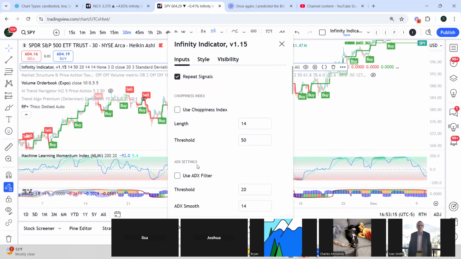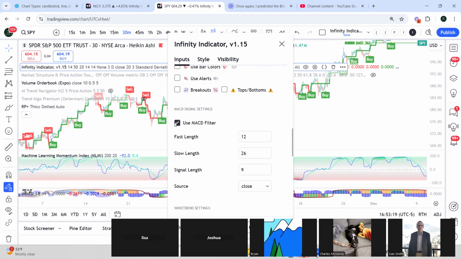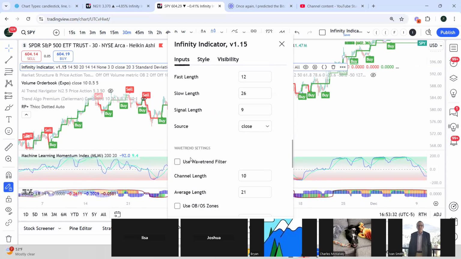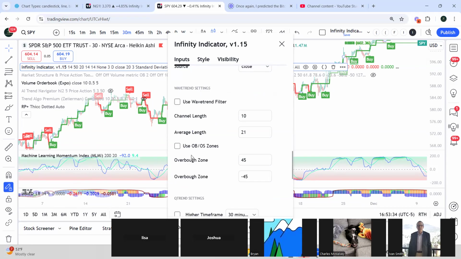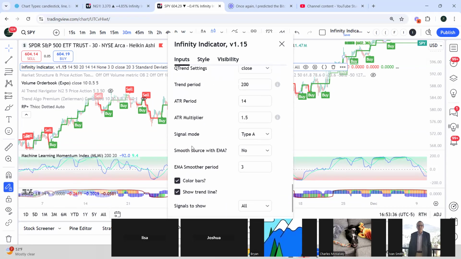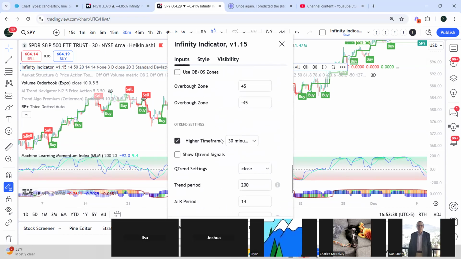So the only things you're going to have on are repeat signals and use MACD filter if you're using this with another indicator. If you only want to use the Infinity indicator and look at nothing else, then you need to check this higher time frame box, which is under Q trend settings.